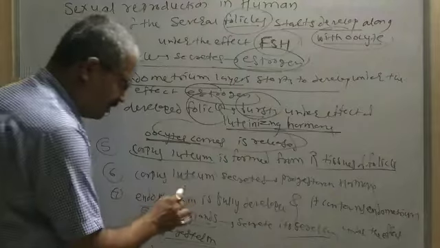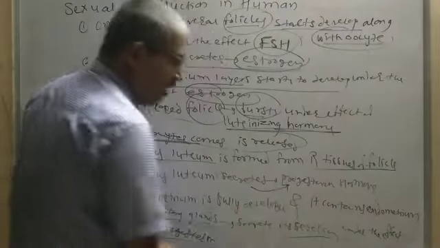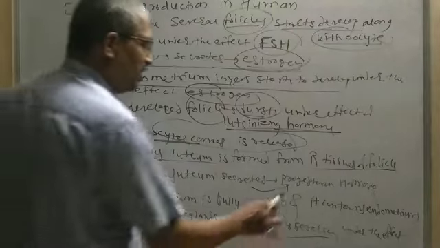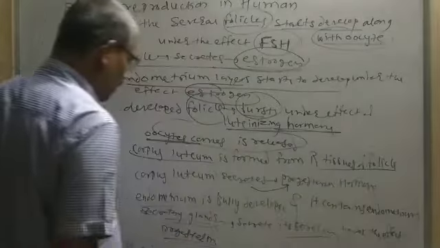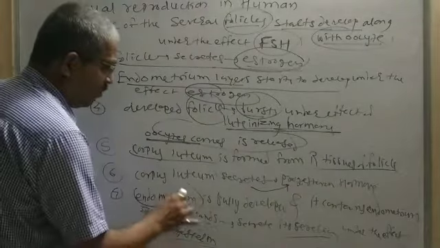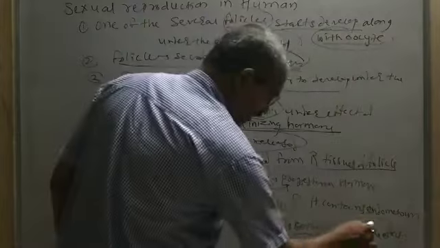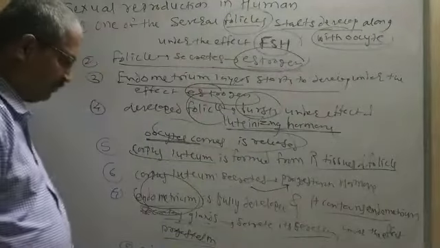This corpus luteum secretes one more hormone, progesterone. Progesterone helps to develop the endometrium layer, which contains endometrium glands.